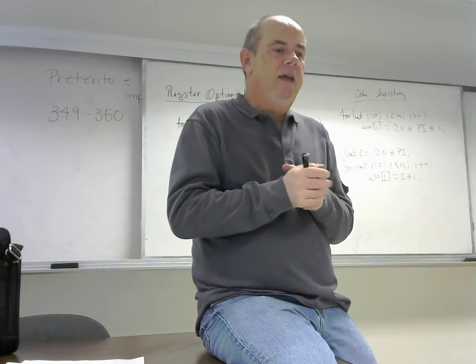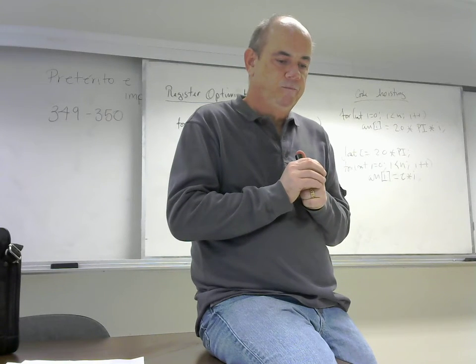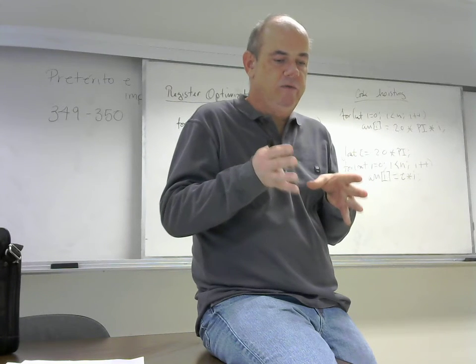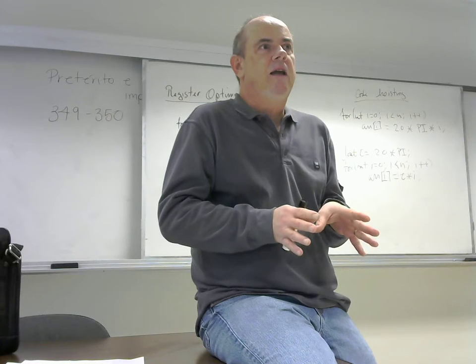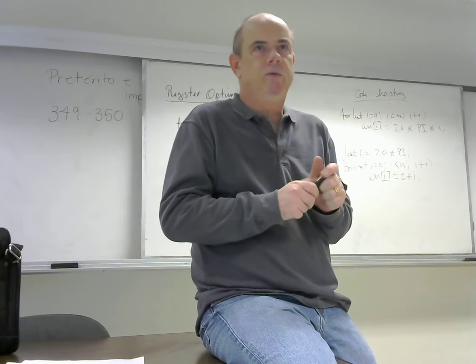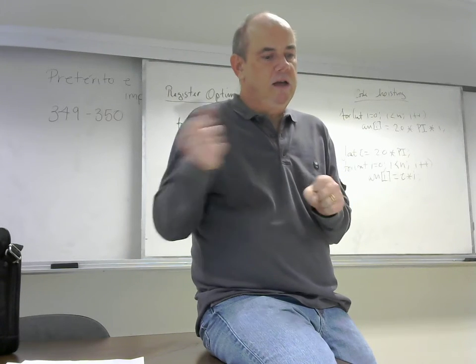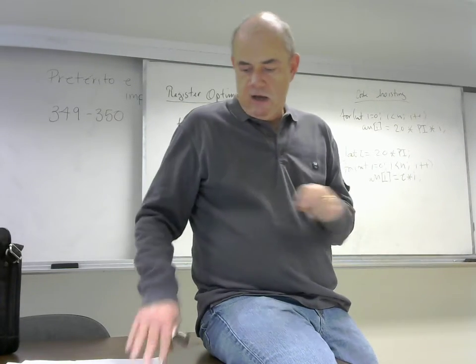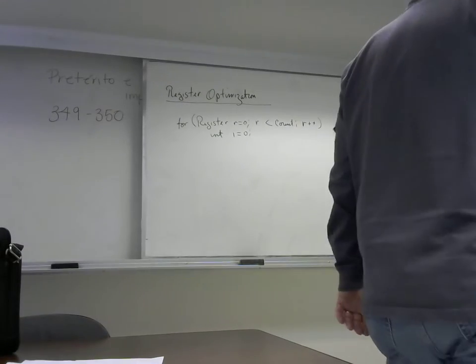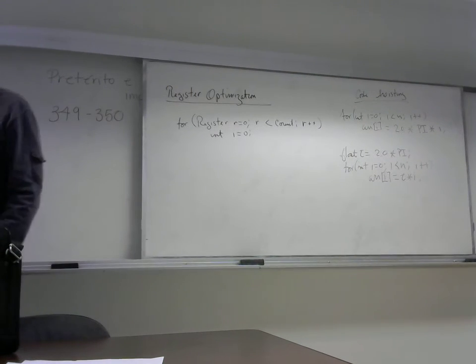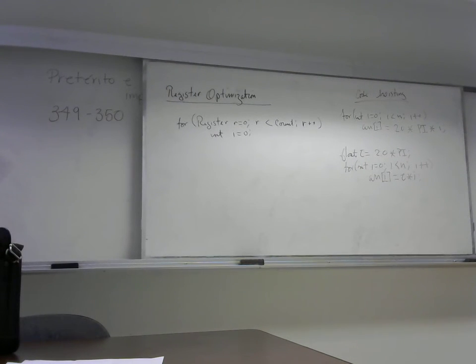Well, if it's going to take you a substantial amount of time during which the CPU could have done a billion things, obviously, you don't want to have the CPU sitting there loafing, doing nothing, if there are jobs that need performing. So you get kicked off at once, and then when you get your answer, you get a chance to run again. Okay, so optimizing the use of registers, and this is an example. If we're going to do a loop like this and we can't get rid of the loop, then by using registers instead of memory, it can be much faster.